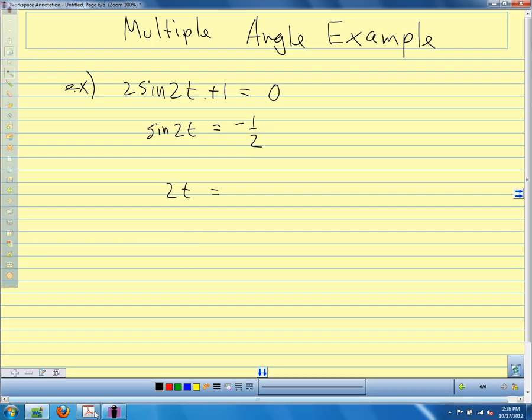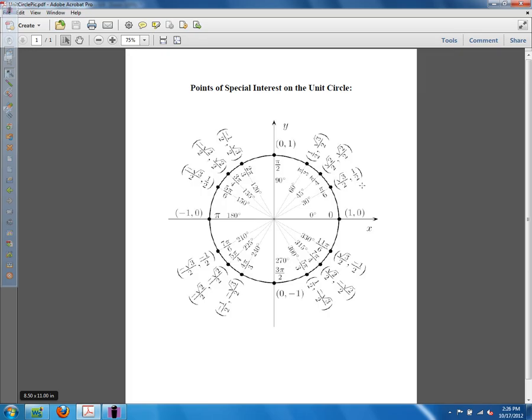Let's look at our unit circle. Sine is the y coordinate. I'm looking for negative 1/2, so I end up at 11 pi over 6 and 7 pi over 6. Those are my two angles where the sine is negative 1/2.